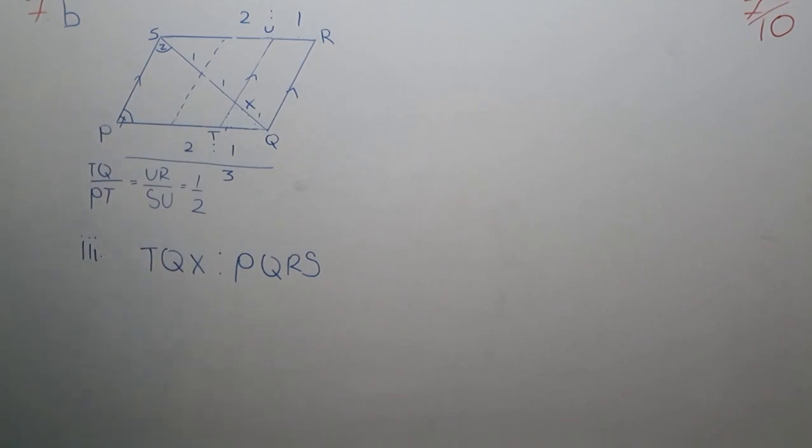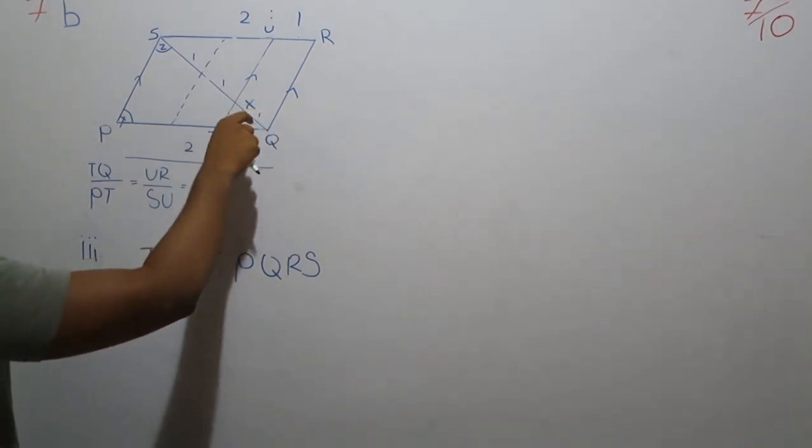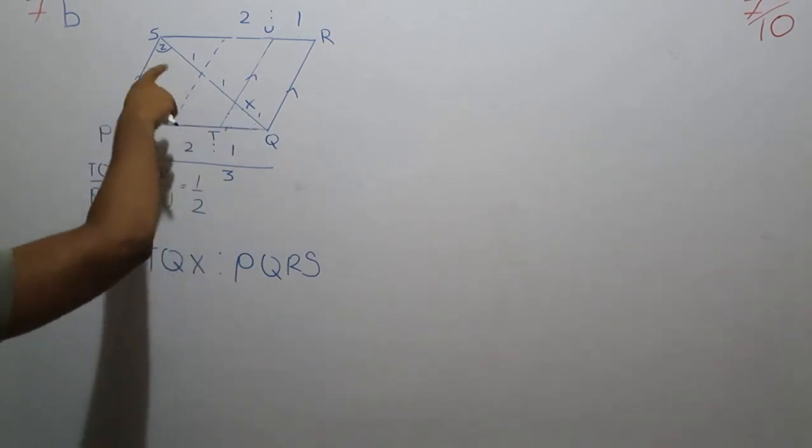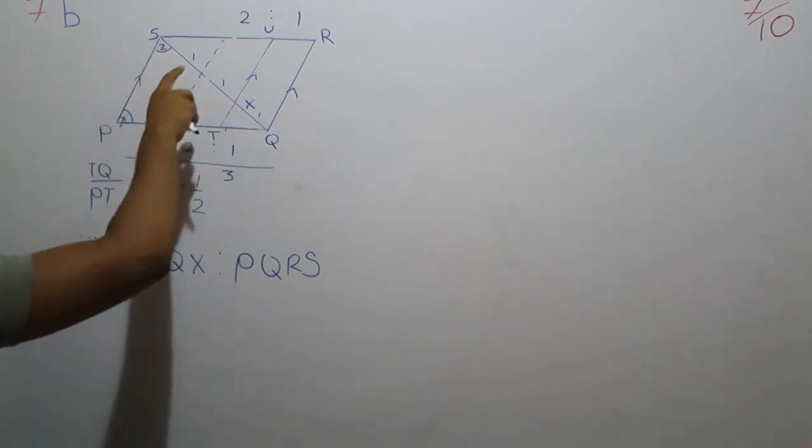So now this PQRS contains two triangles. You can see for yourself, it contains two triangles.